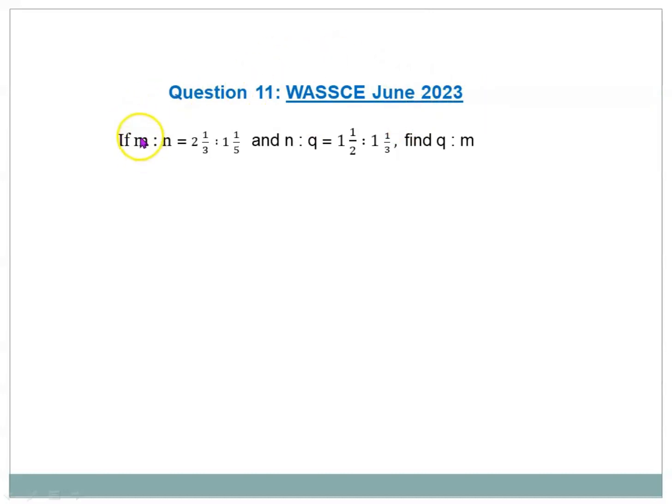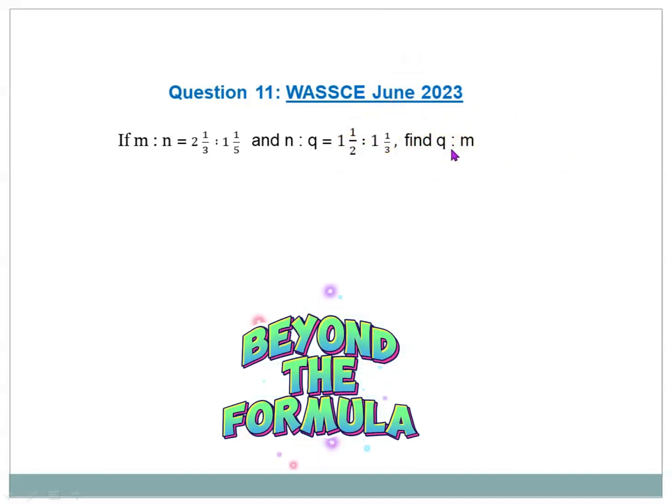The question says: if m ratio n equals 2 and 1/3 ratio 1 and 1/5, and n ratio q equals 1 and 1/2 ratio 1 and 1/3, find that we need to find ratio q to m, right?